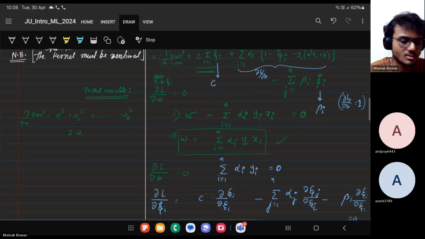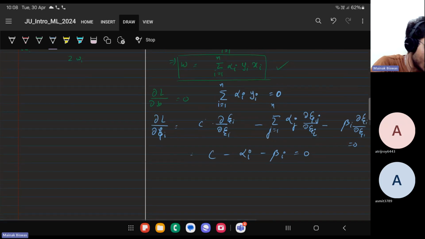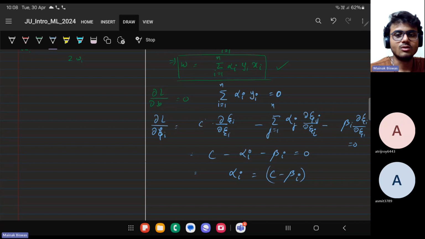So I'll get another constraint: alpha I is equal to C minus beta I. Now, beta I has to be greater than 0.